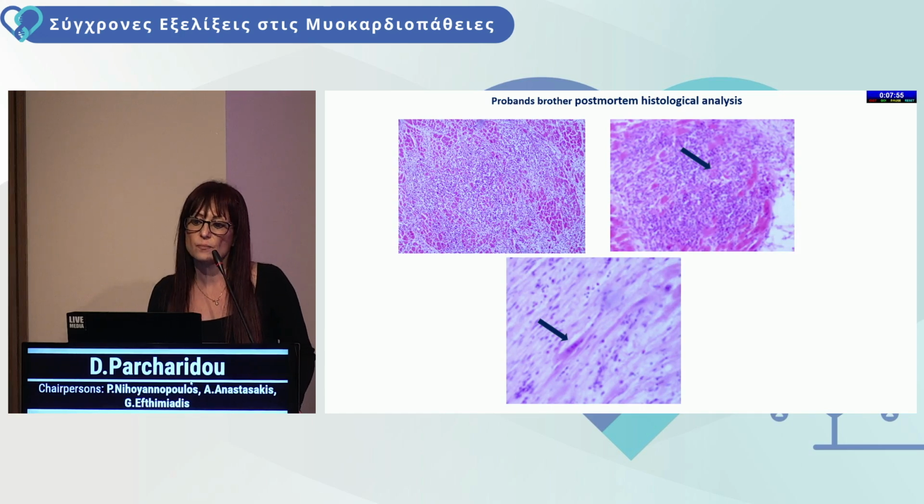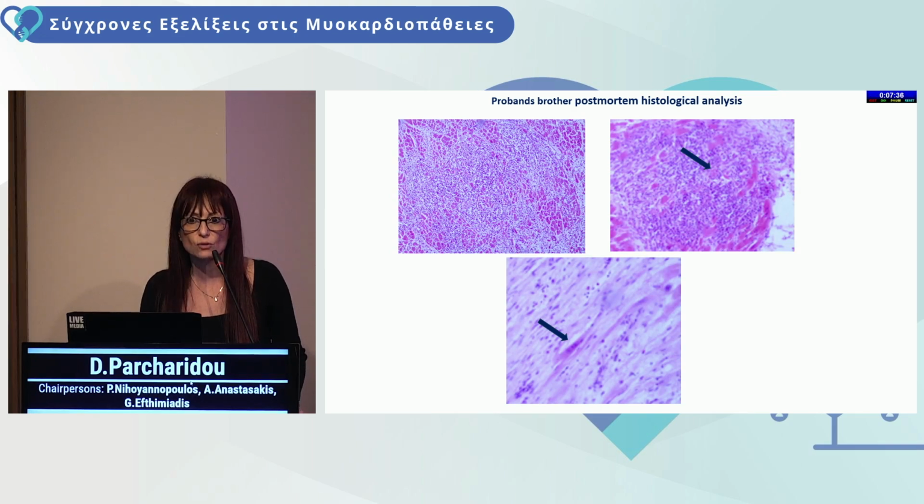And here is the proband's brother's post-mortem histological analysis. You can see with the pink color the cardiac cells, and with the purple color, like peppercorns, the lymphocytes. So here is an infiltration of inflammatory lymphocytes.